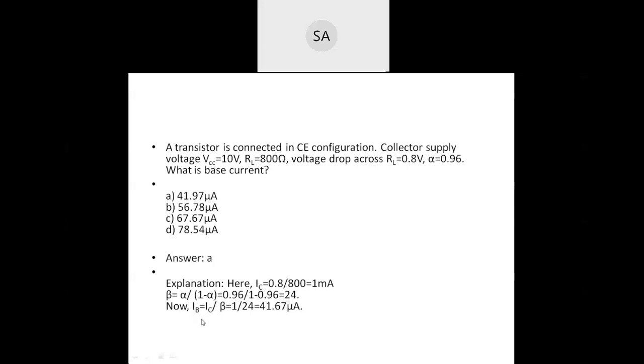Then IB is equal to IC by beta, so 1 by 24, you will get 41.67 microamperes. So the answer is A.